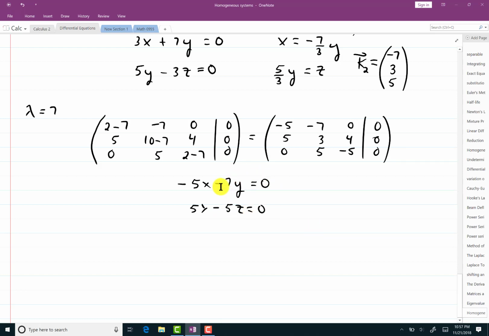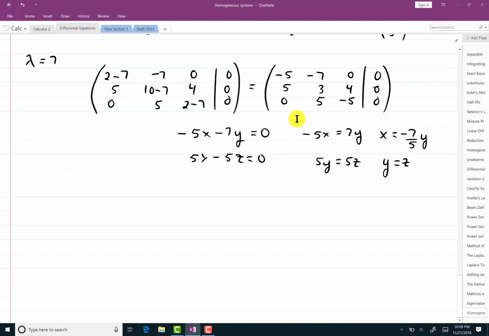So then let me go ahead. I see y is involved in both of them, so I will solve each in terms of y. So I have -5x equals 7y, and I will divide by the -5, and I'll get x equals -7/5 y. On the other hand, this is pretty easy. 5y equals 5z means that y simply equals z.